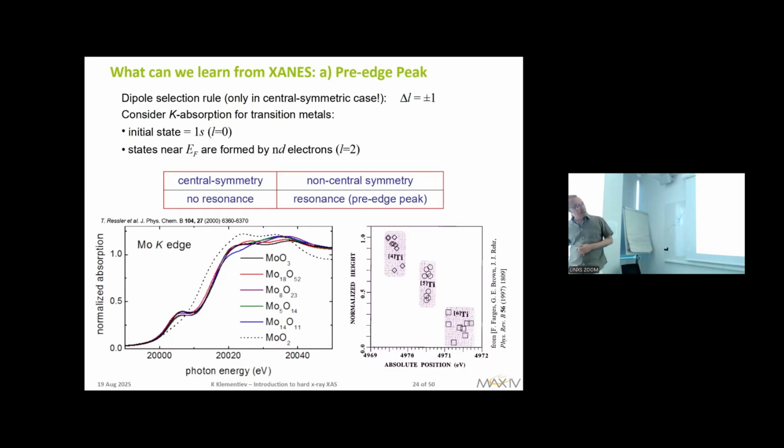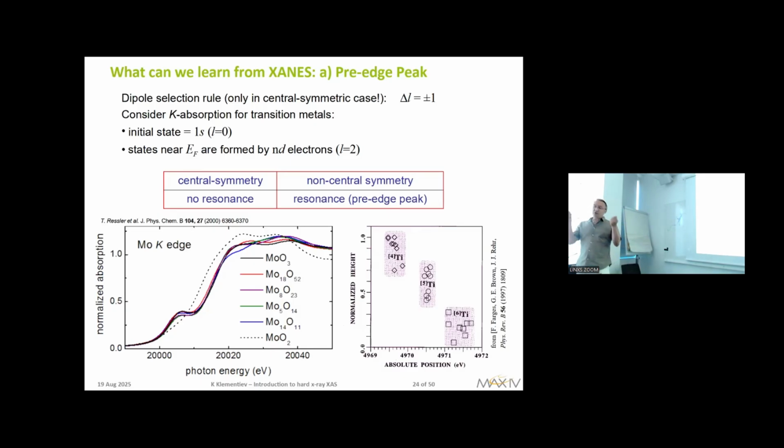On the abscissa is the position of the pre-edge peak, similar to this one, but a bit sharper for titanium. And on the ordinate is the height of this pre-edge peak. You see they are grouped into these 3 groups. And within the groups, they know this is 4-coordinated titanium, 5-coordinated titanium, 6-coordinated titanium.